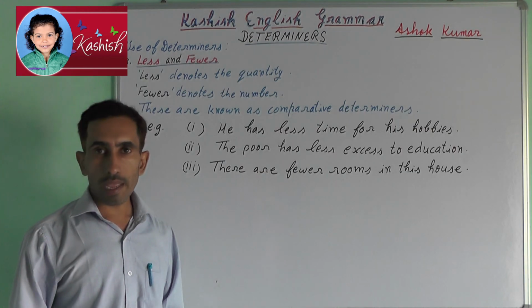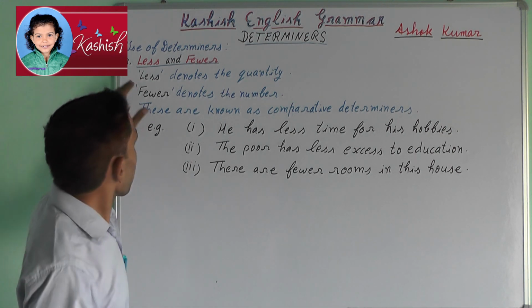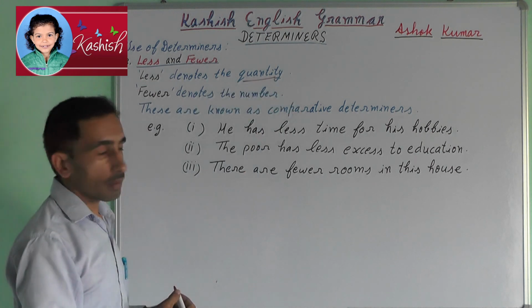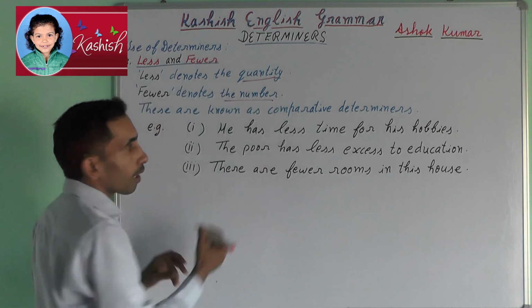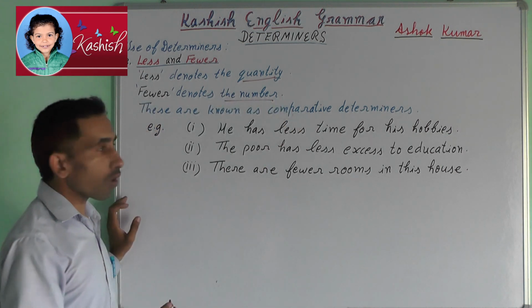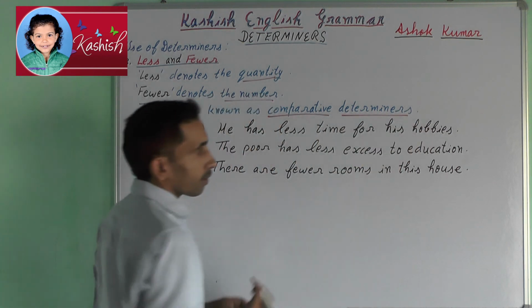Eighth, less and fewer. Less denotes the quantity, fewer denotes the number. These are known as comparative determinants.